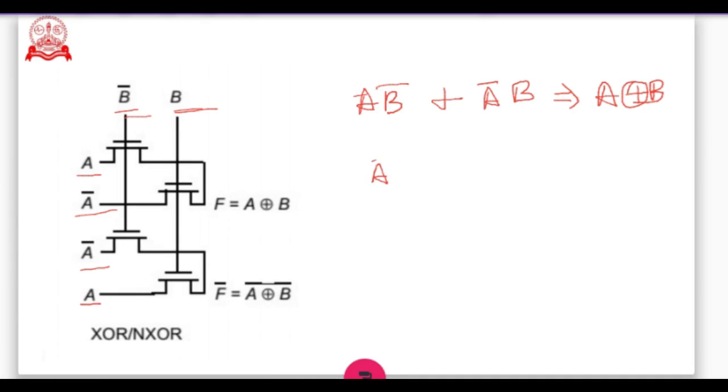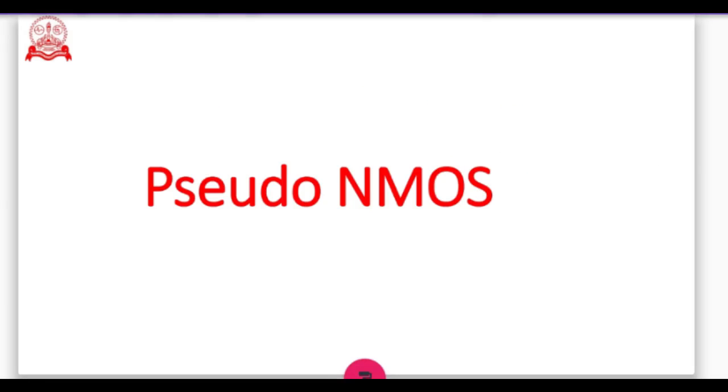This we have as XNOR. So this is the rough idea of complementary pass transistor logic.